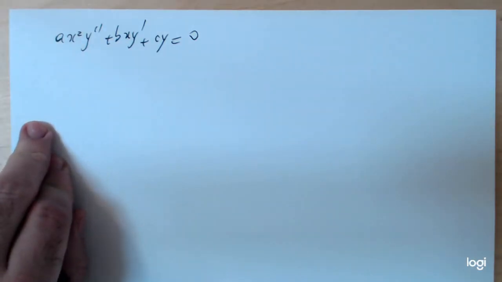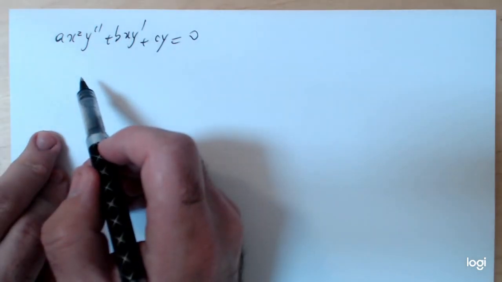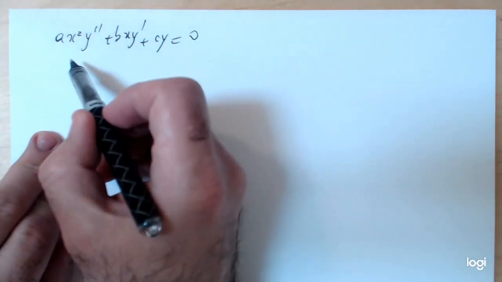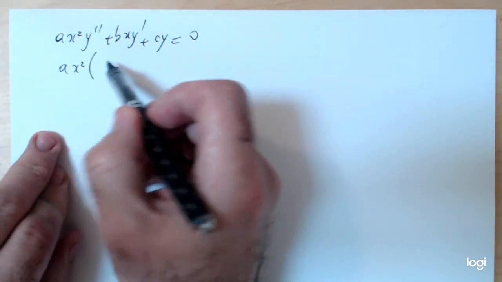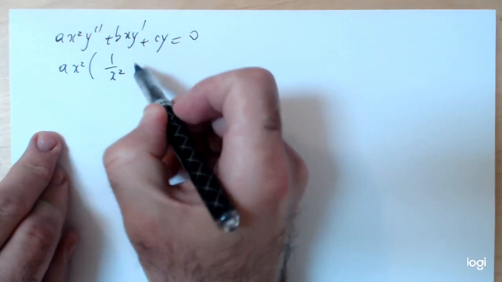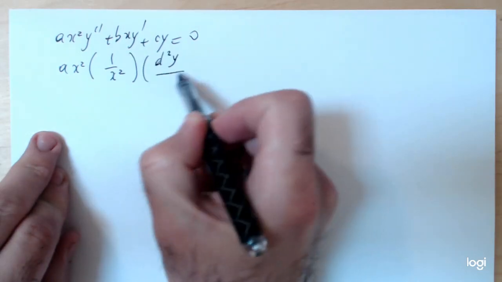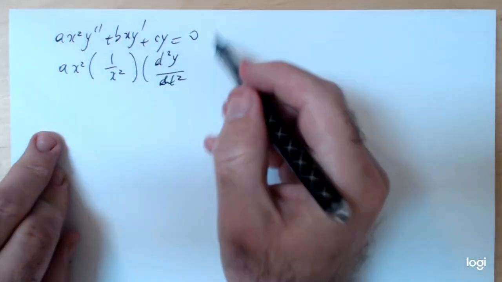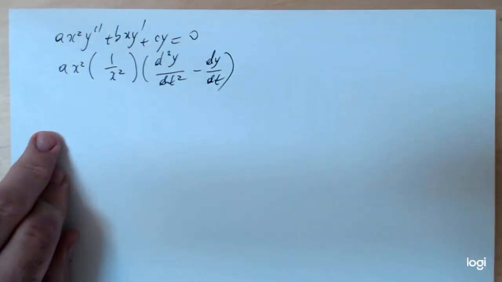And now thinking of y as a function with respect to t, when we replace it into the equation here, we have ax squared y double prime, which, if you look at the previous page, is 1 over x squared times y double prime with respect to t minus y prime of t.